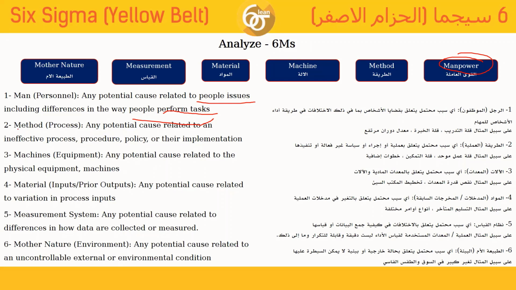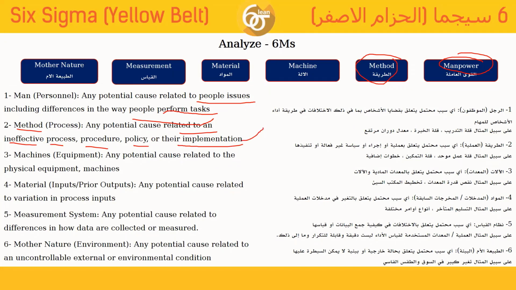We have something called method. Method means the process or the procedure. Any potential cause related to an ineffective process or procedures or policy or their implementation. So sometimes you have a process, you have a good process, you have a good procedure, but it is not implemented.